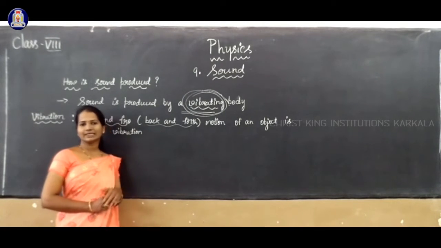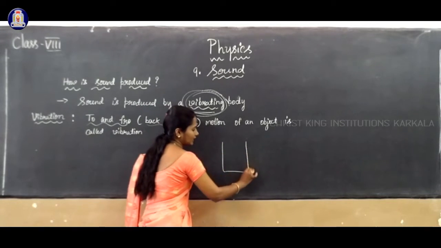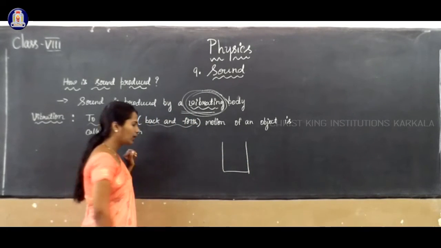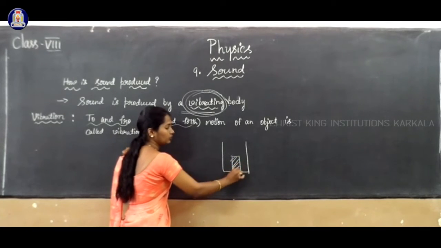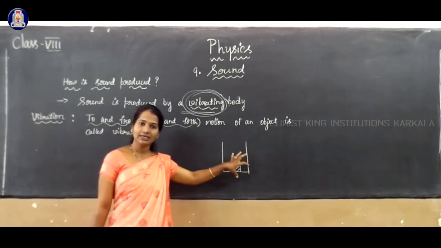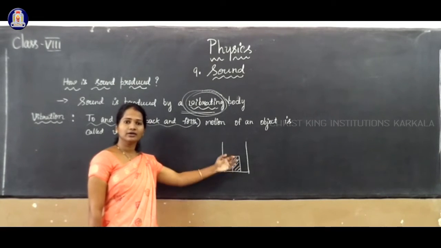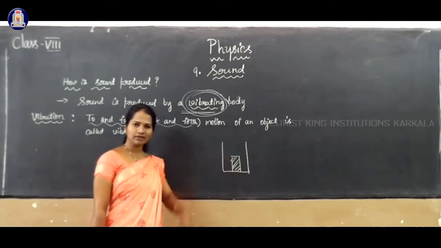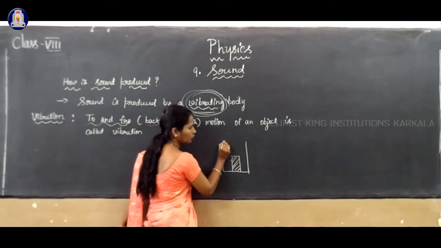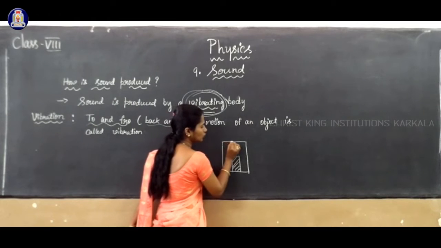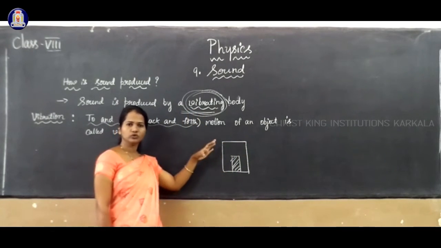Consider an example. Take a glass tumbler and keep your mobile phone inside it. Then close the mouth of the glass tumbler using a rubber sheet or a balloon.